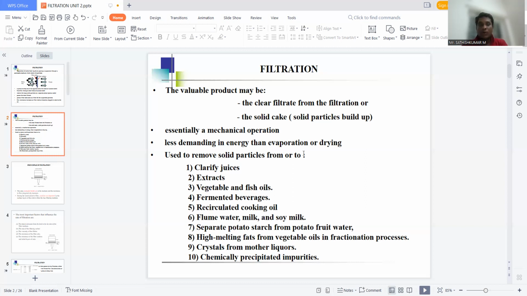Eighth, high melting fats from vegetable oils in the fractionation process. Ninth, crystals from the mother liquors. Tenth, chemically precipitated impurities. So filtration is used in food processes, chemical processes, and pharmaceutical processes.